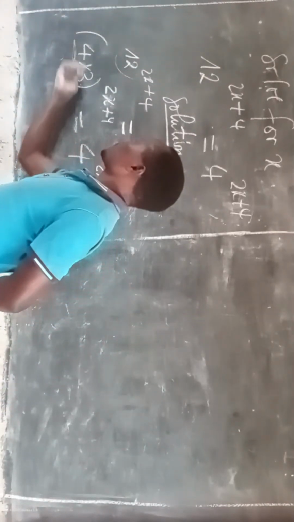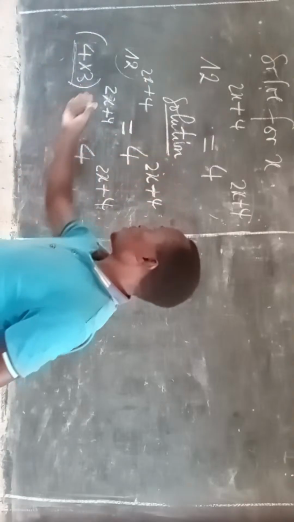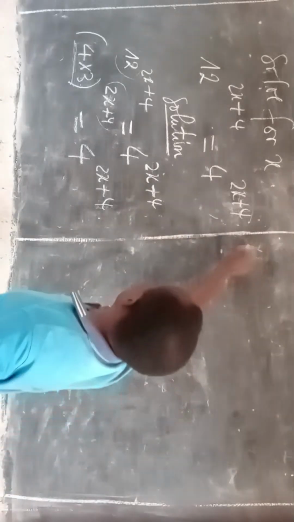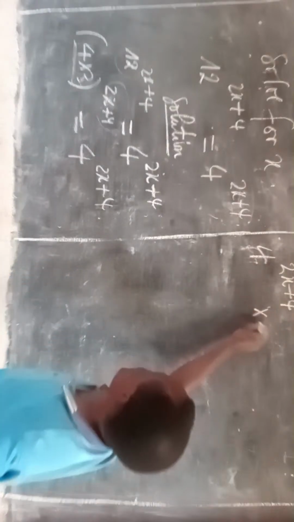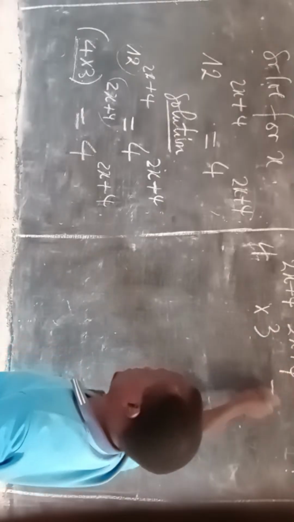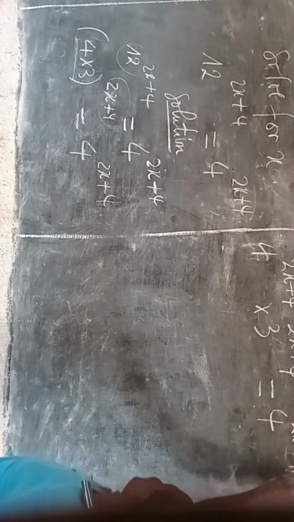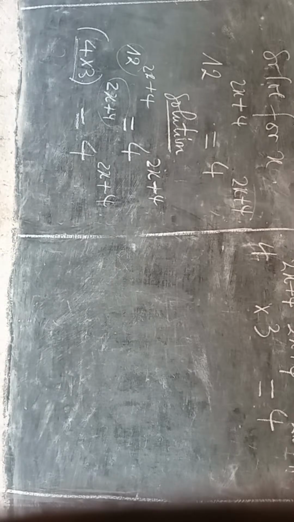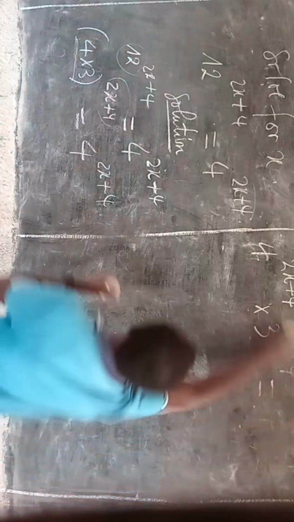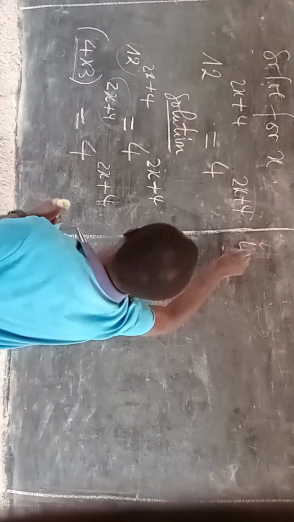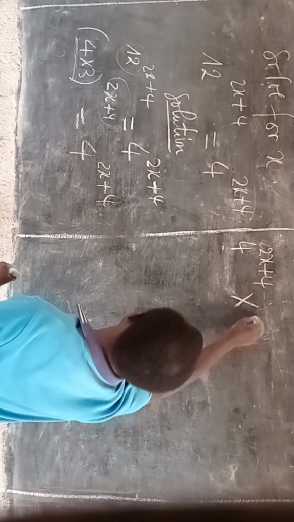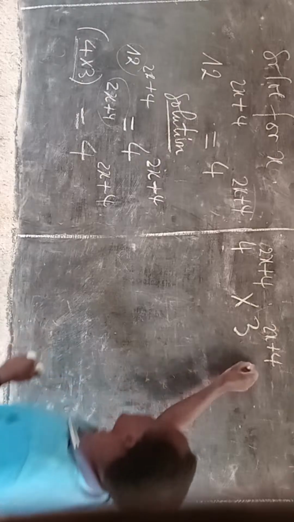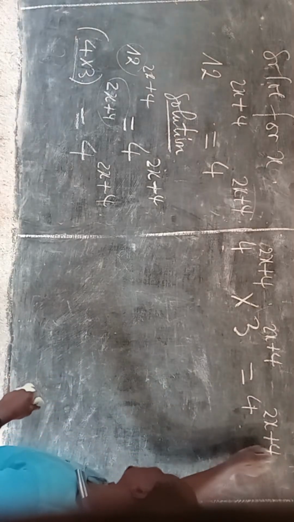We need to separate these two factors with their powers. Now we have 4 power 2x plus 4 times 3 power 2x plus 4 is equal to 4 power 2x plus 4.